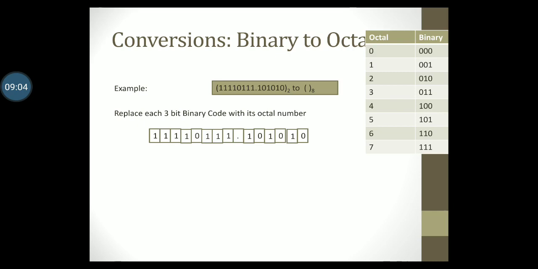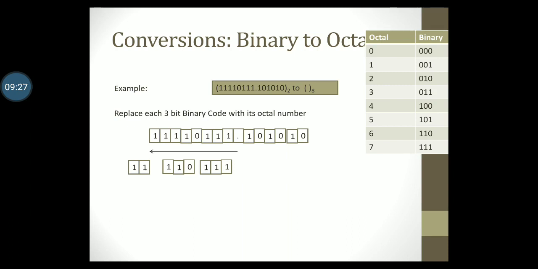Now, starting from the decimal point and moving left, divide the bits into 3 groups each. We get the first group as 111. The next group is 110. And the last group is 11.